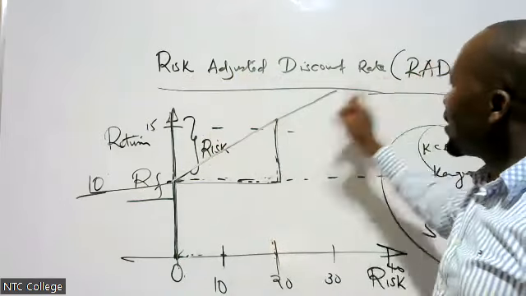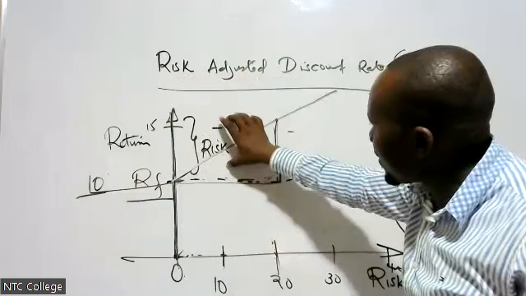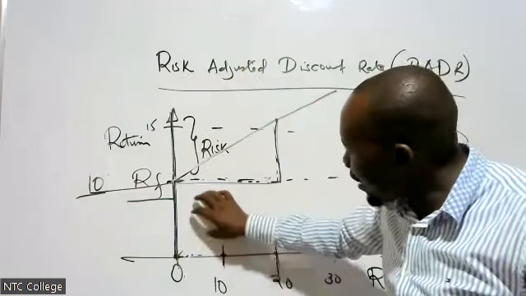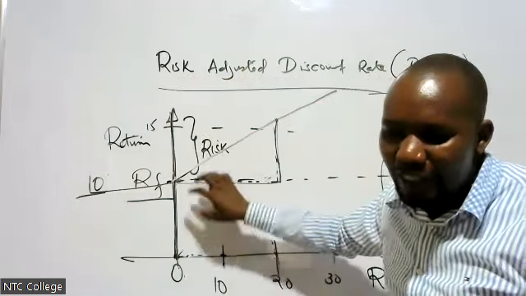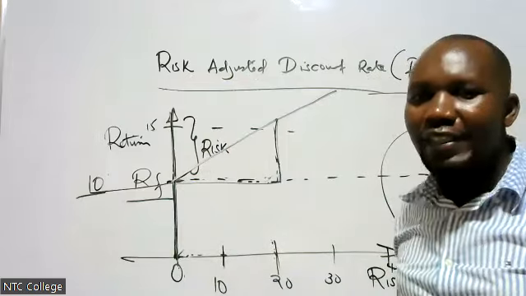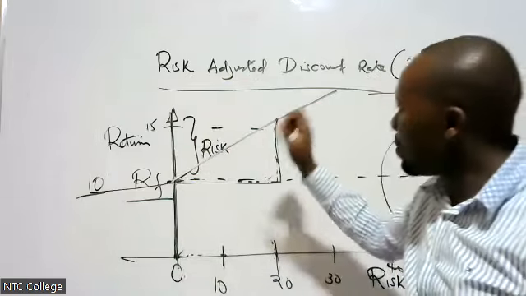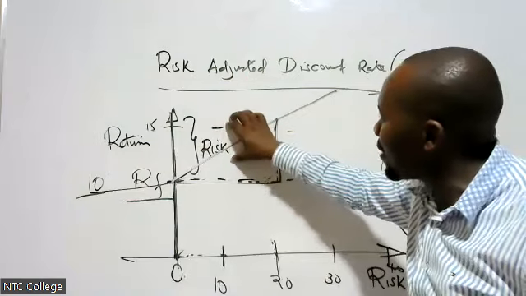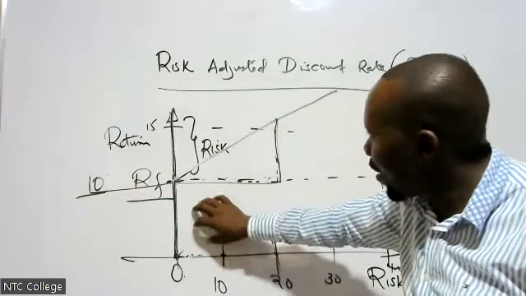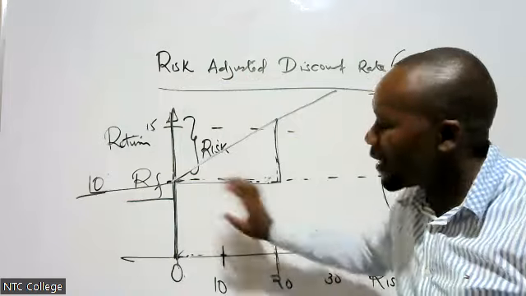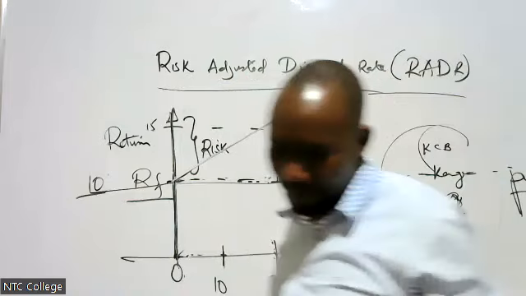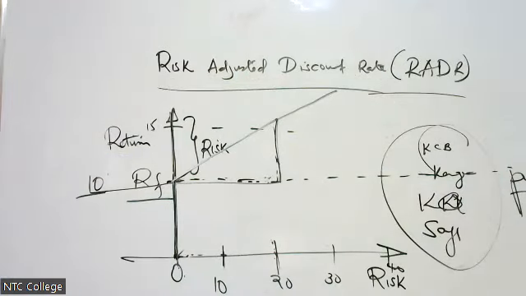Risk-adjusted discount rate on this particular element. This one, I don't adjust risk because we don't have risk at all. And so my return will be a total of these two, but I'll be adjusting risk on the risky part. The riskless or risk-free part is not adjusted, because it does not bear any risk at all.